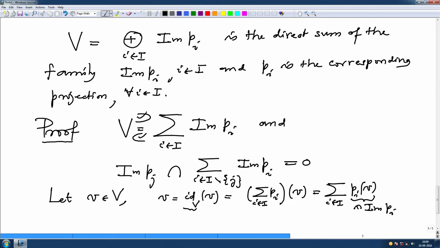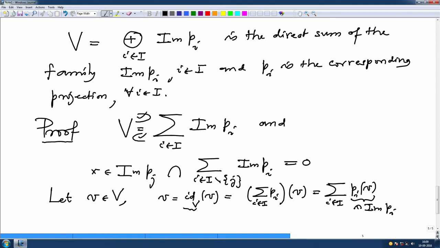This was obvious. Now we want to check that they do not intersect other than in 0. So we should check that if somebody is in the intersection, then it is actually 0. So let us take x here on this side and I will check it is 0. x we have taken on the left hand side.